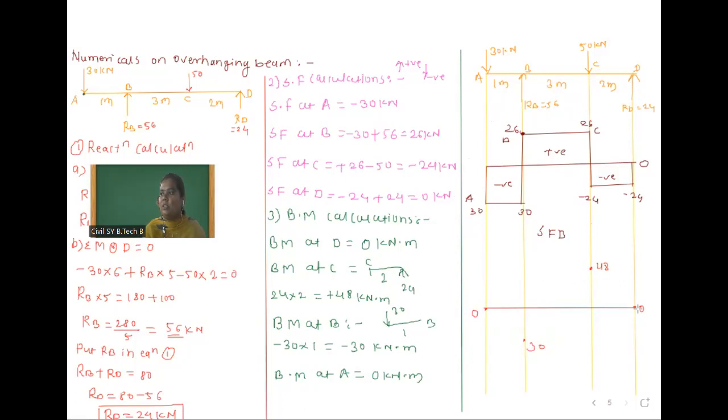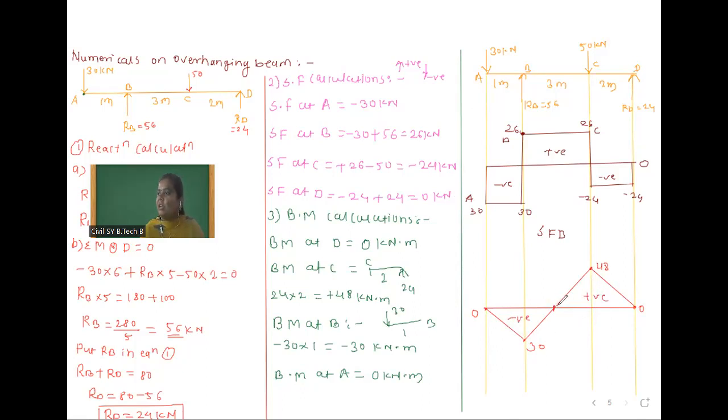We'll start from this. This is the bending moment diagram. This is negative and this is positive.